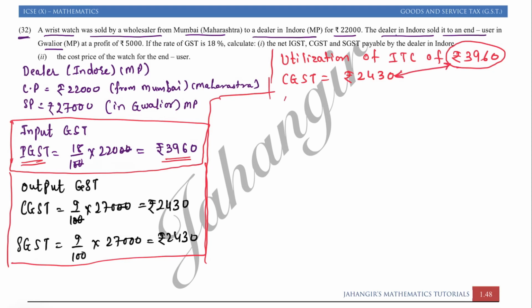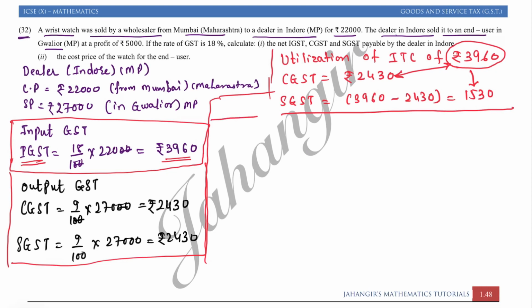Now SGST. Whatever is left from 3960 after deducting 2430 goes to the state government. That is 1530 has been adjusted to the state government. In this way tax has been utilized. Now we will write net payable. Net payable CGST will become 0 because CGST payable is 2430 and it got that from the central government from 3960.